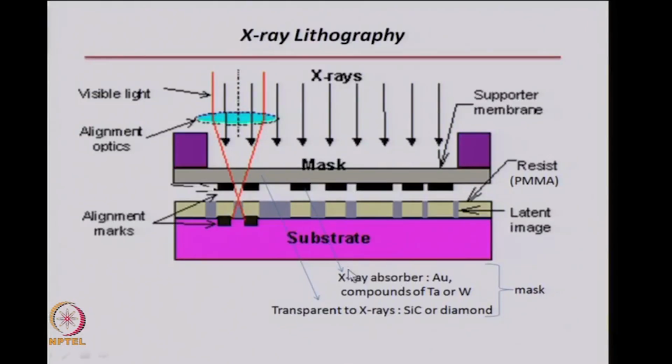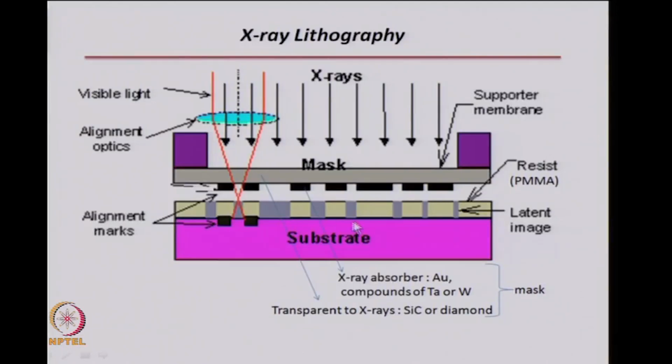So, you have an X-ray absorber, and there is a material, a film which is transparent to X-rays. So, wherever the material is transparent to X-rays and there is no absorber behind it, then the X-rays will pass on through this material and then hit the film.